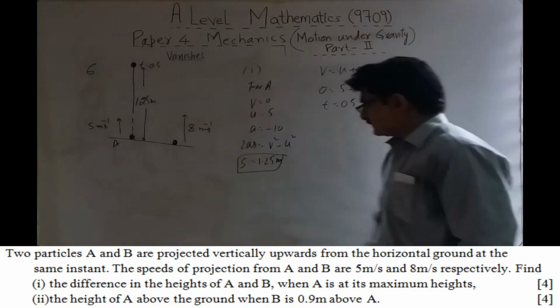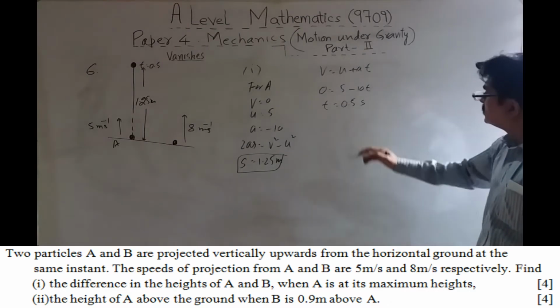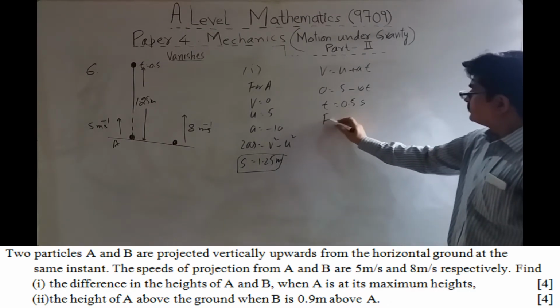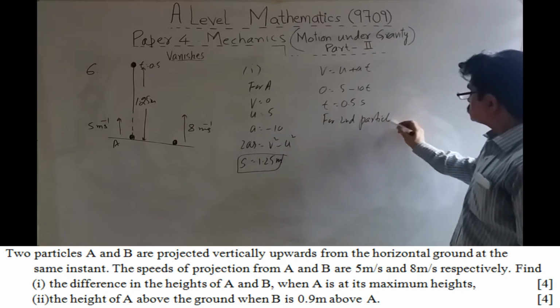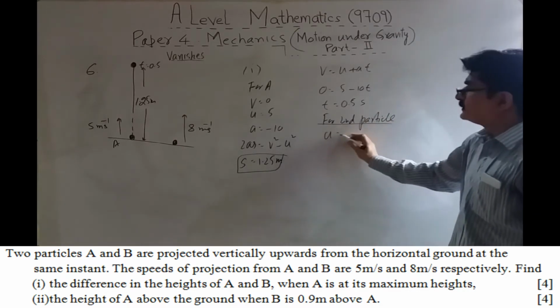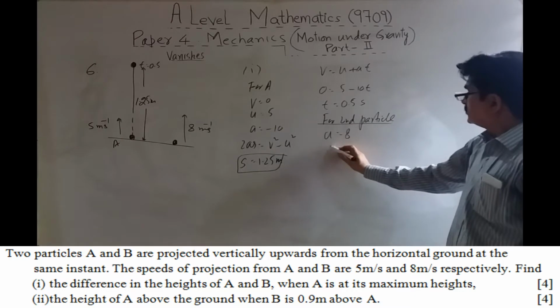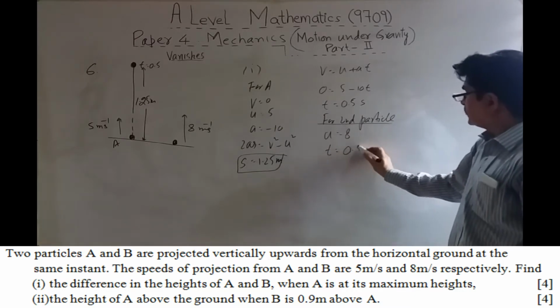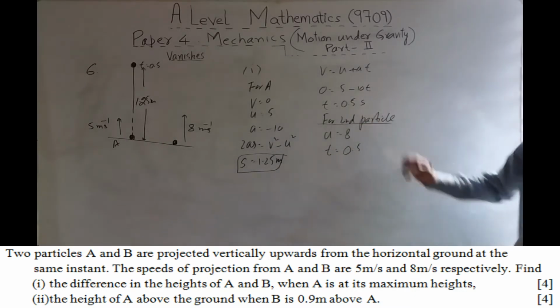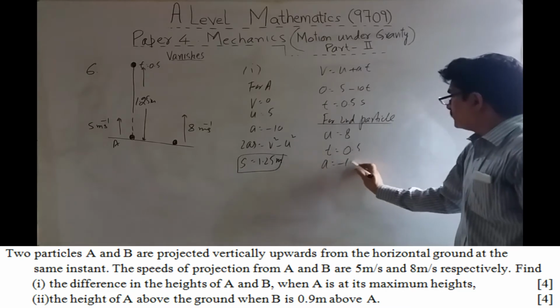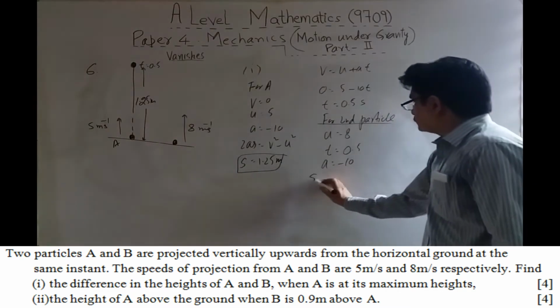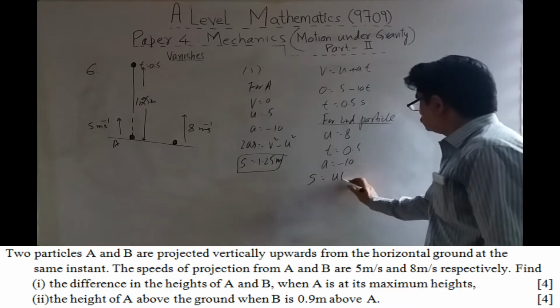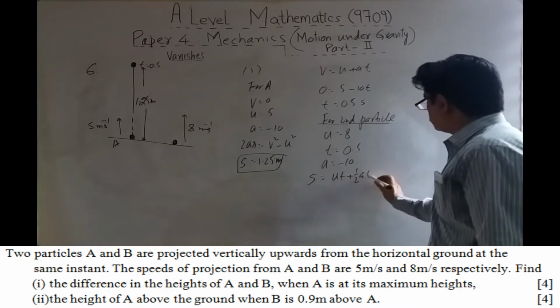Now we find the distance of the second particle. For the second particle, now the data is u is equal to 8, and time is 0.5 second. We will see how much distance it will cover in this time. Acceleration is -10. So again we are applying the formula s is equal to ut plus half at square.